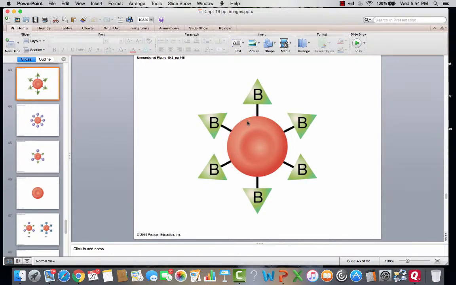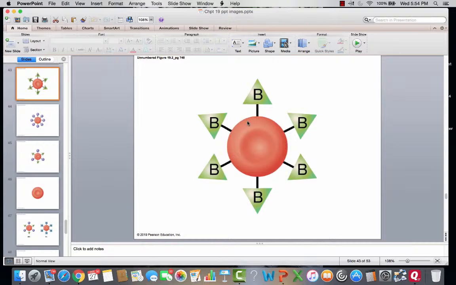There are two different types of antigens that we can find on the surface of cells. And when we talk about antigens with respect to blood typing, we refer to them as the ABO antigens.